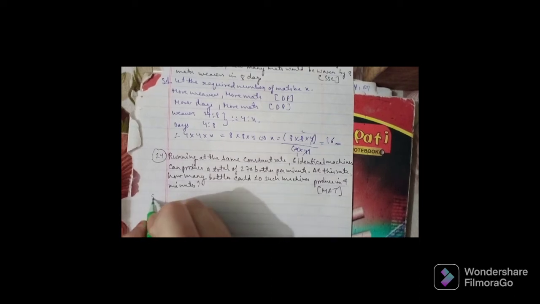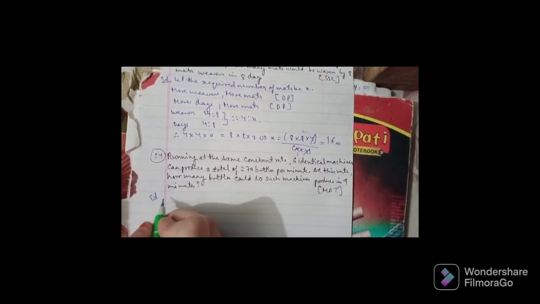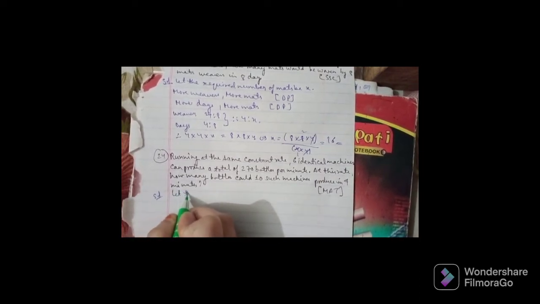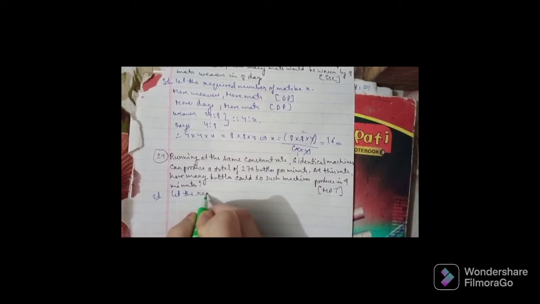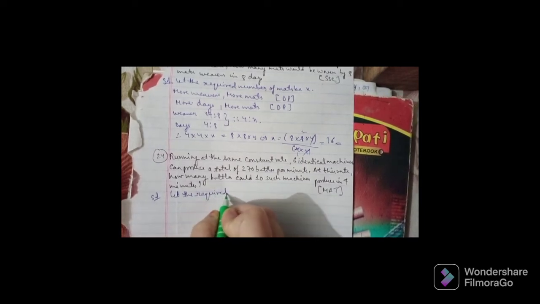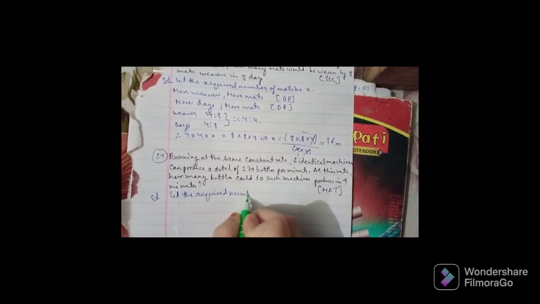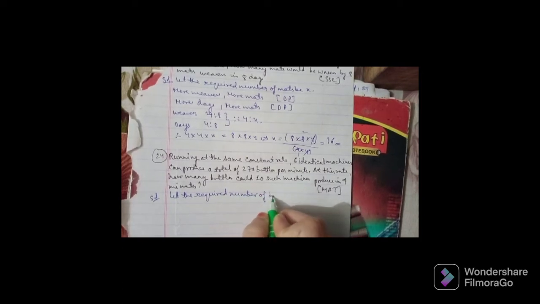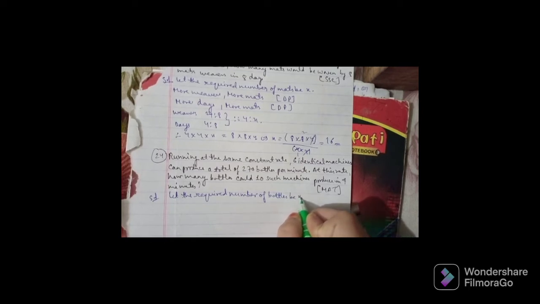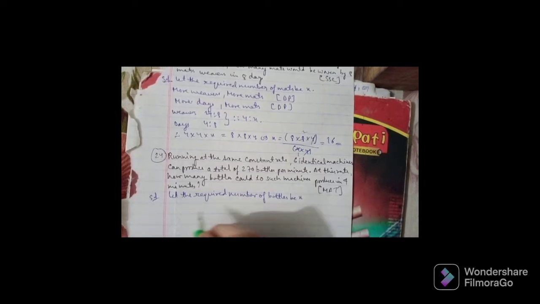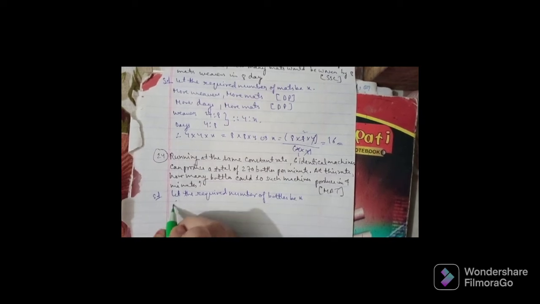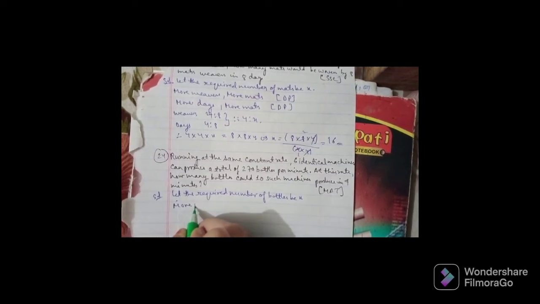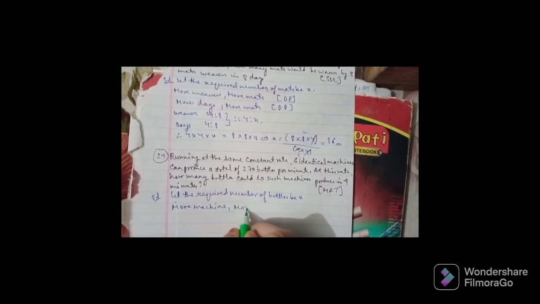Let the required number of bottles be x. More machines, more bottles.